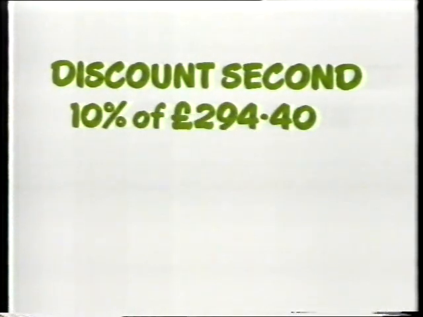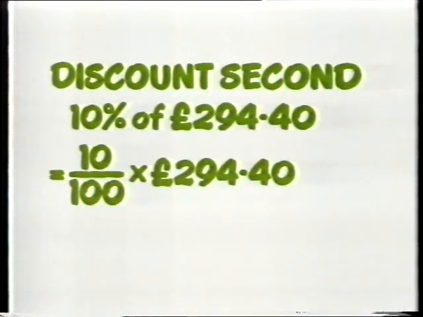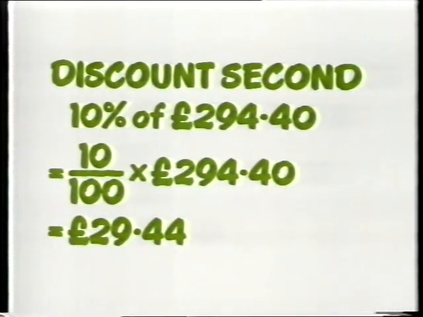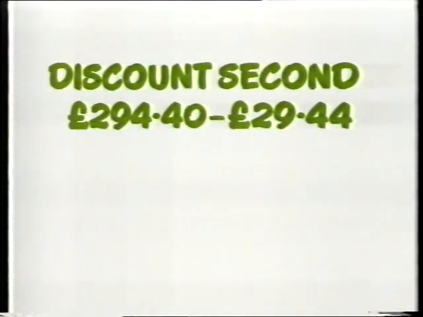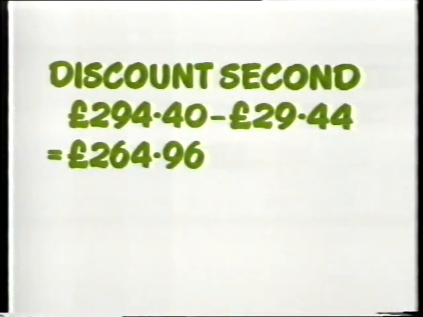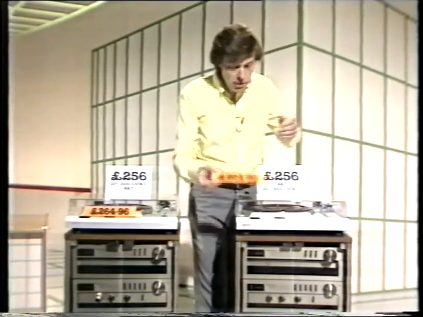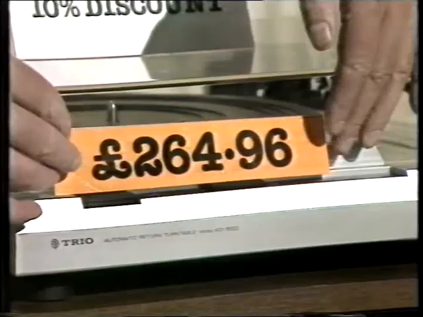We want 10% of £294.40, which is 10 hundredths times £294.40, which is £29.44. Now, subtracting the discount gives a total price, if you add VAT first, of £264.96. So, they're both the same.